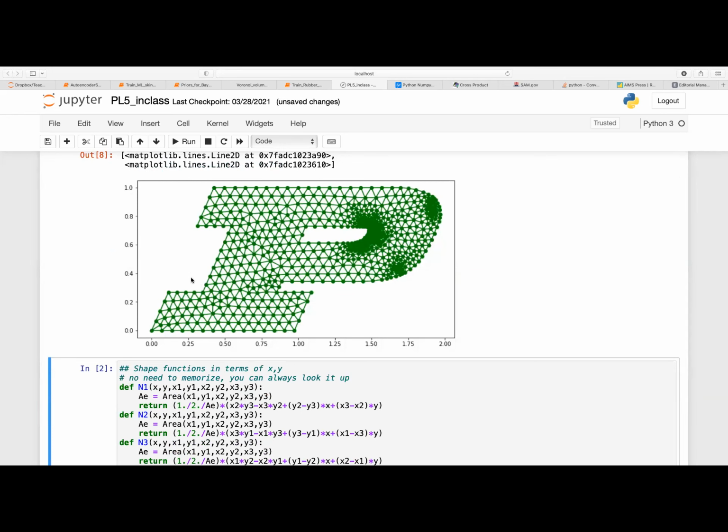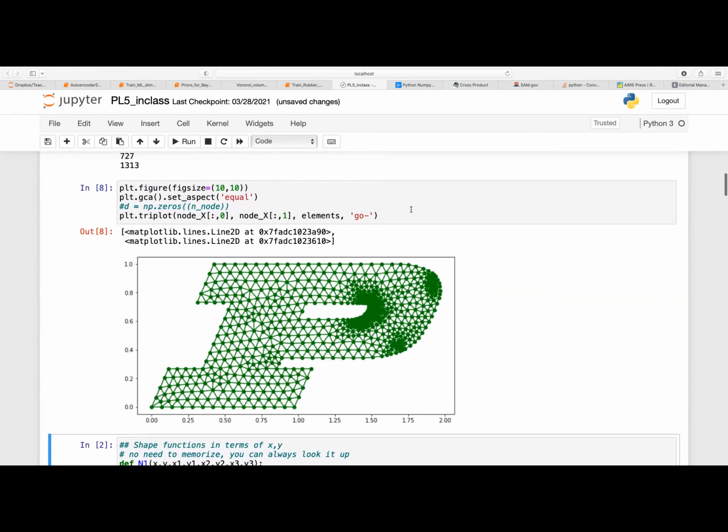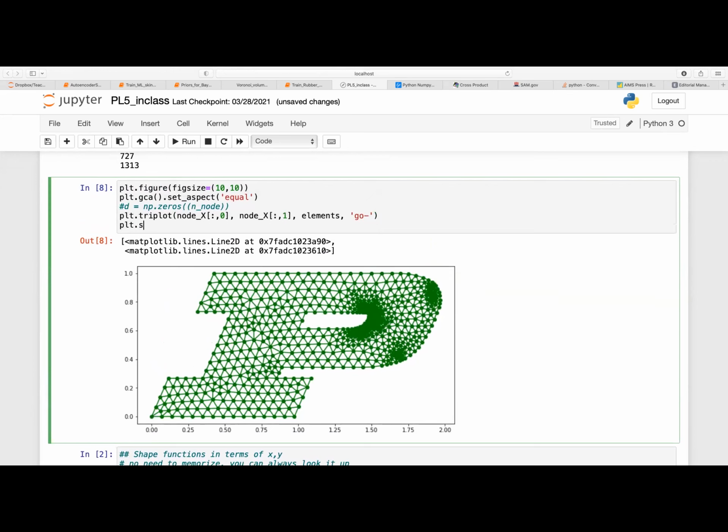And this should be such that the first 51 nodes should have essential boundary condition less than 51. Let's see, 1, 2, 3, 4, 5, 6, 7. I think the first 19 nodes should be the... We can check 0 to 15.